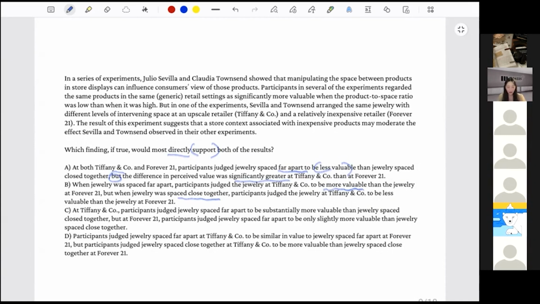C, at Tiffany & Co., participants judged jewelry spaced far apart to be substantially more valuable than jewelry spaced close together, but at Forever 21, participants judged jewelry spaced far apart to be only slightly more valuable than jewelry spaced close together. And finally, D, participants judged jewelry spaced far apart at Tiffany & Co. to be similar in value to jewelry spaced far apart at Forever 21, but participants judged jewelry spaced close together at Tiffany & Co. to be more valuable than jewelry spaced close together at Forever 21.